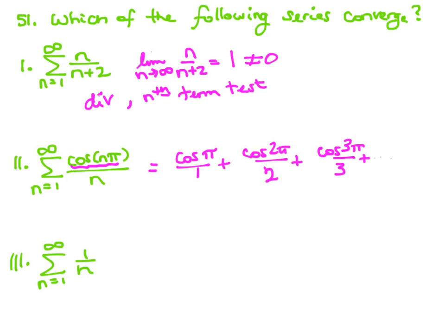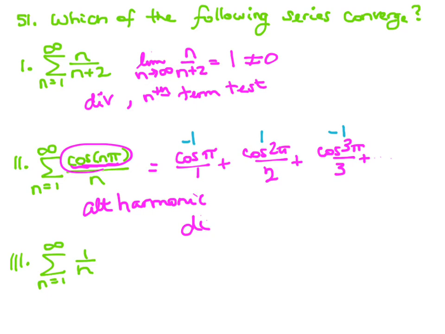Cosine of pi is -1, cosine of 2 pi is +1, cosine of 3 pi is -1, 4 pi would be +1. So this is just one of those different ways of saying this is an alternating series. Cosine n pi is just going to go back and forth between -1 and 1, making this an alternating series. And in fact, it is the alternating harmonic series because it's just over n.